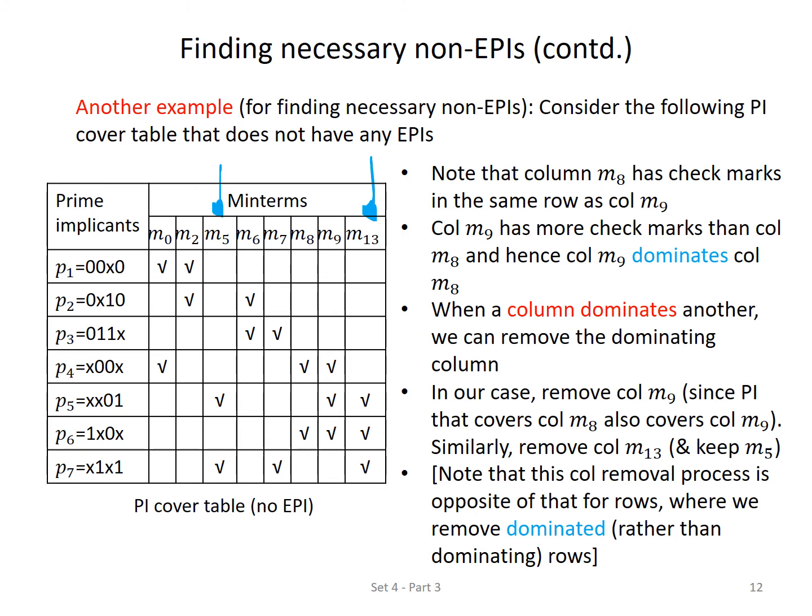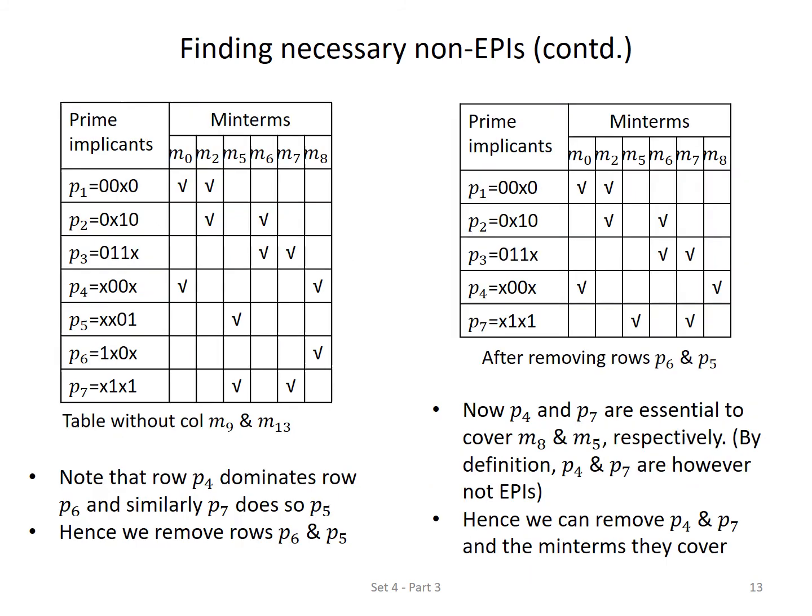So after we remove these columns, the smaller table is shown in the next slide. If you look at the table on the left, you see that we do not have columns M9 and M13. Now, if we look at the rows corresponding to P4 and P6, we see that P4 dominates P6 because P4 covers 2 min terms.